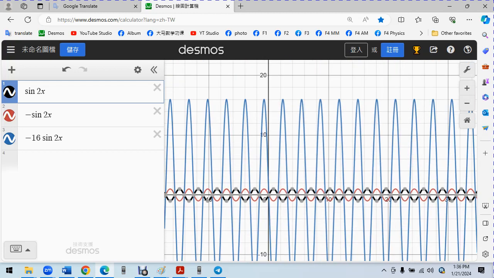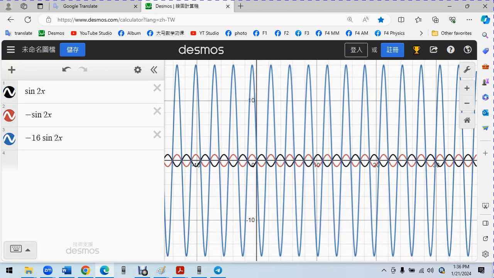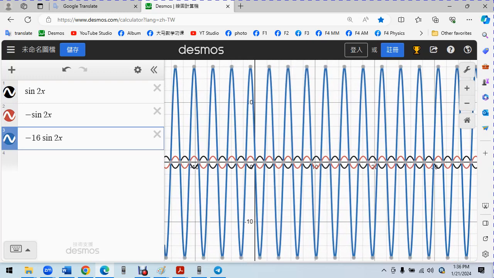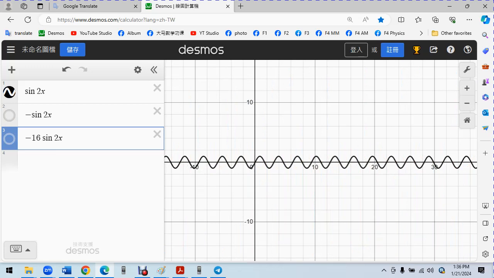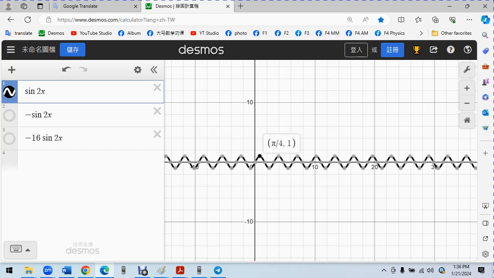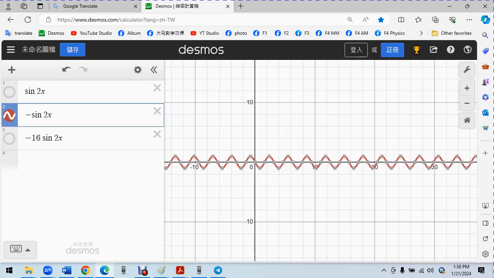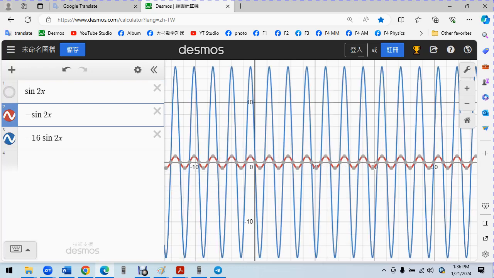If we multiply with 16, then the highest is 16 and the lowest is -16. At first this is the graph of sin 2x, 1 and -1. Multiply with negative, then the 1 becomes -1. This is how the graph looks. Then multiply with 16, and this will be the graph.